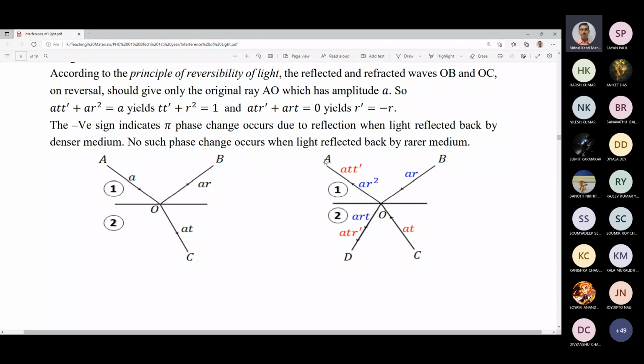Right? So now if we add these two amplitudes, ART plus ATR prime, that is equal to 0, because initially there is no beam in this medium.